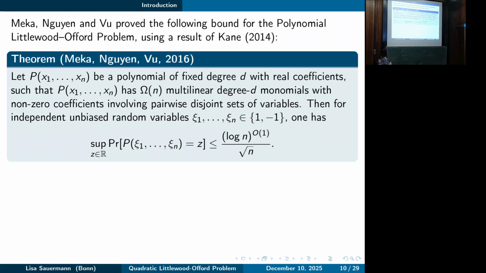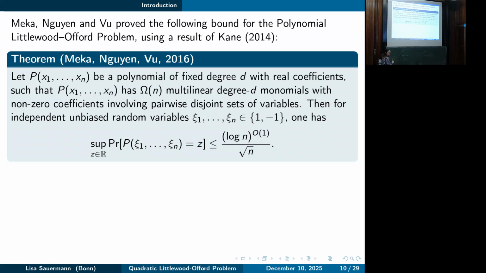It was proved by Nguyen and Vu roughly 10 years ago using a result of Kwan and Boolean analysis. What they proved is that if you have a polynomial of fixed degree d with real coefficients, with the assumption at the bottom of the last slide, so with linearly in n many groups of d variables appearing with non-zero coefficients which are disjoint.